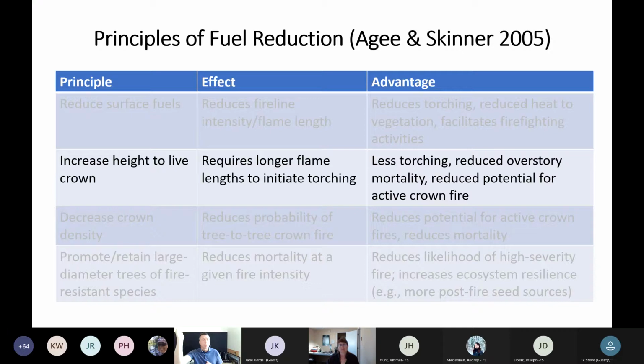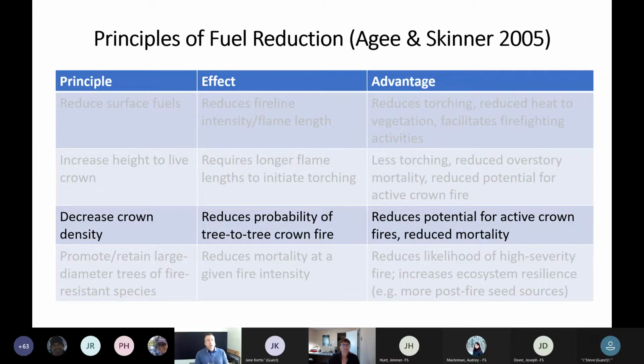Right, the farther those tree canopies are off the ground, the more intense fire behavior we need to initiate torching that would contribute to crown fire. And the management outcomes we're trying to generate here are essentially to reduce the likelihood of torching, and associated with that, reduce the likelihood of crown fire and potentially reduce overstory mortality.